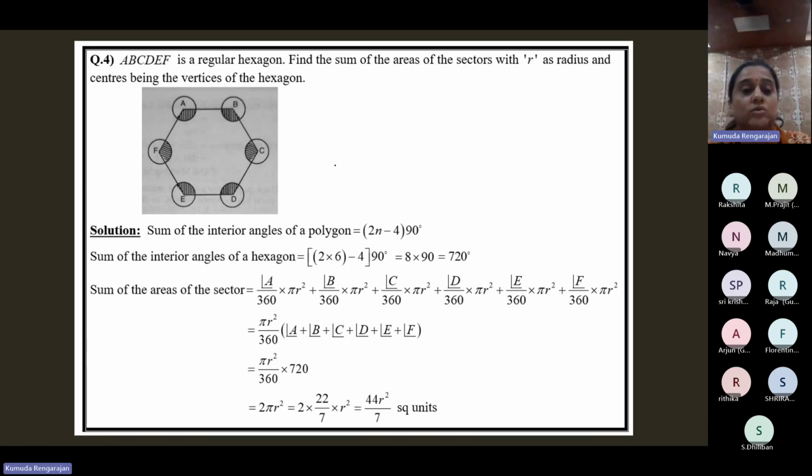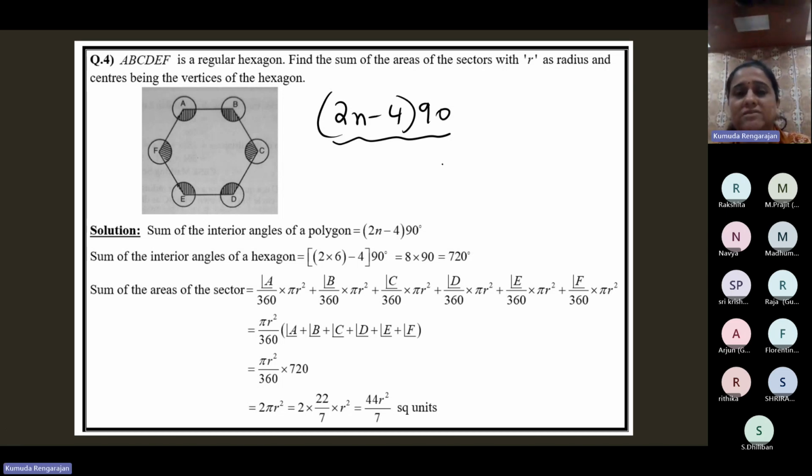So the sum of all the interior angles of a hexagon can be found using the formula (2n minus 4) into 90. This is the expression used to find the angle sum property of a polygon with n sides or n angles.